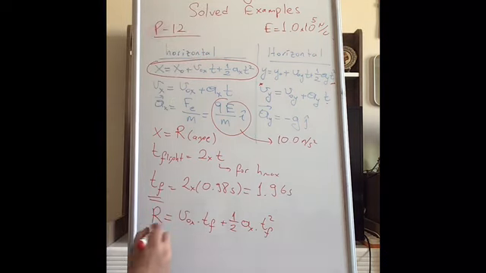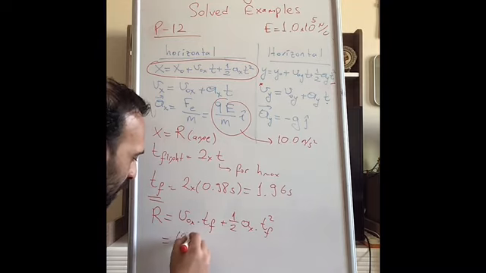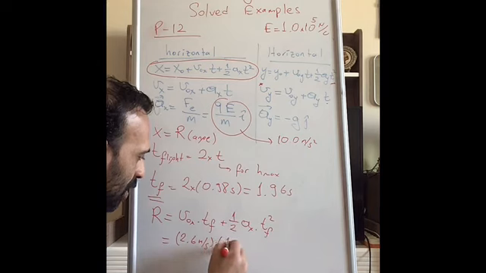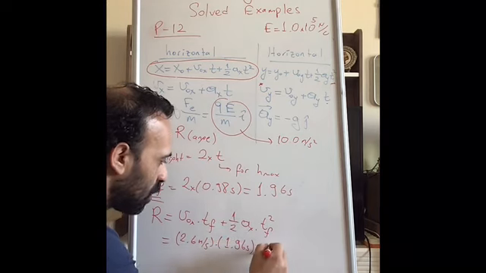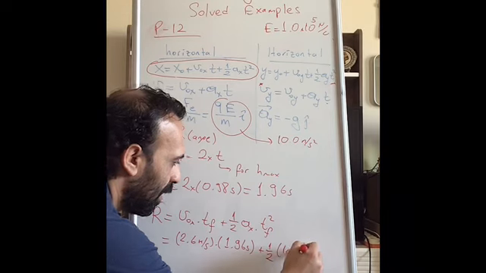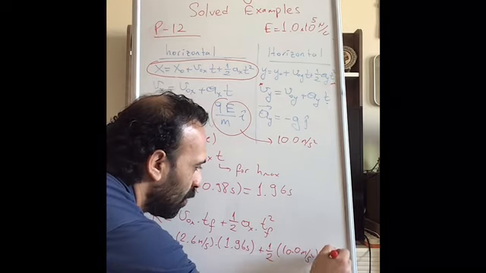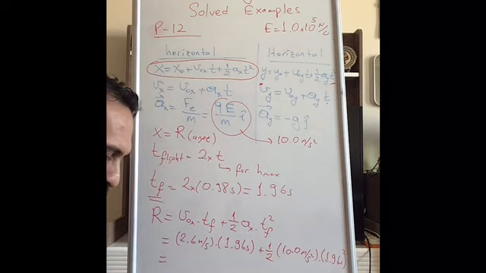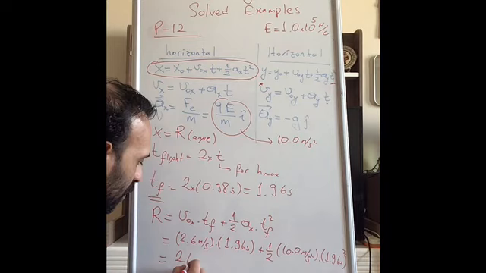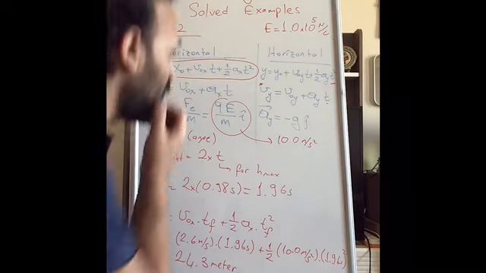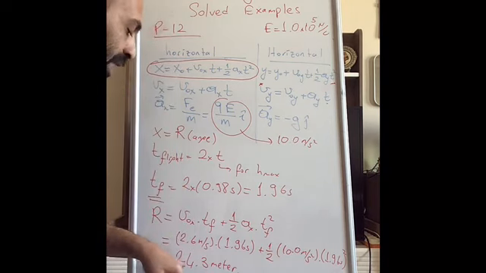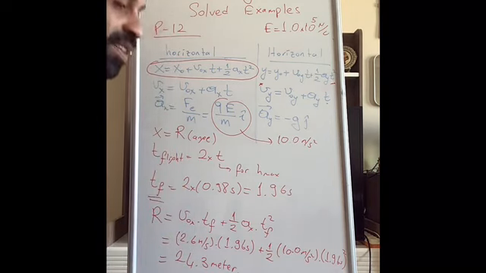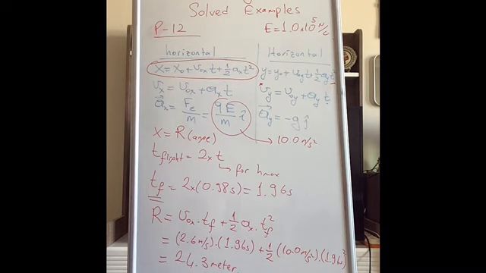So if I plug it here, the x component of the velocity we found is 2.6 meter per second times 1.96 second plus 1/2 times 10 meter per second squared times 1.96 second squared. If you plug them, you will find 24.3 meters. So it is going to move that much horizontally, 24.3 meters, when it is getting out of the electric field.